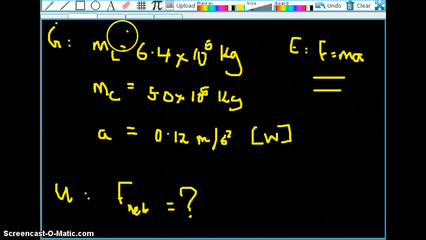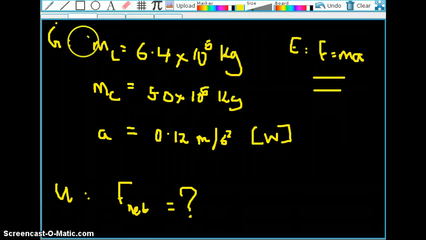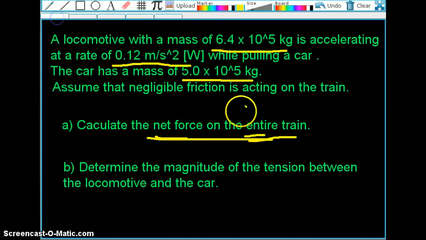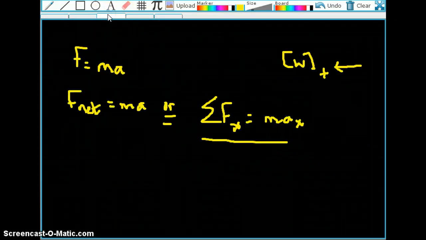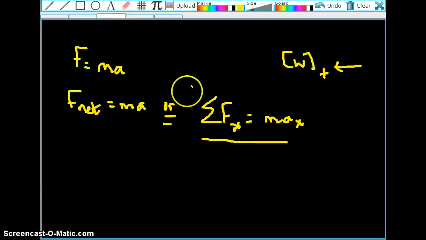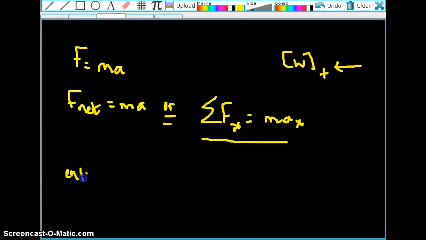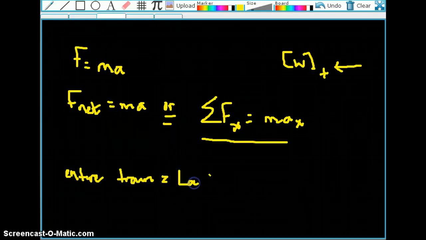We know the mass of the locomotive and the mass of the car, and we need to find the net force on the entire train. Now, when I say the entire train, this is important: the entire train is not just the locomotive. The entire train is the locomotive, I'll write LOC, plus the car.